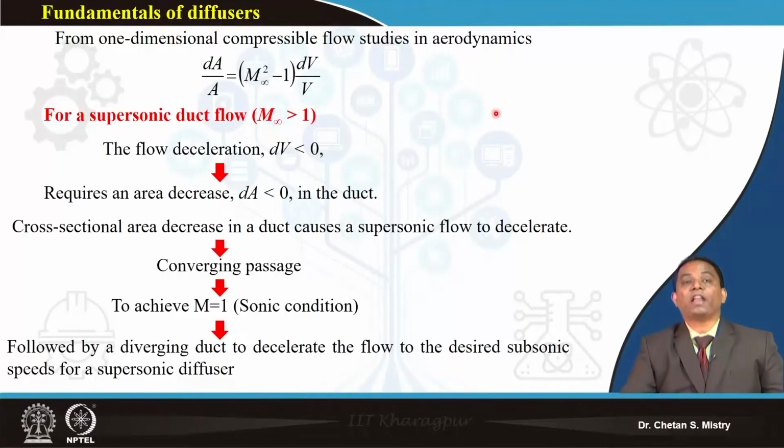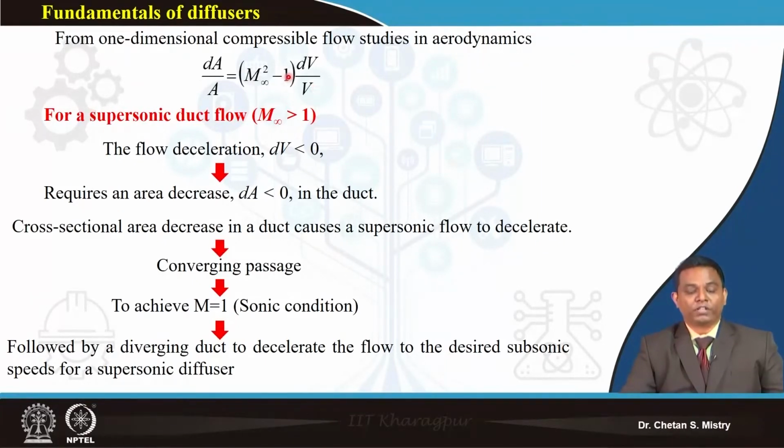That is when my flow is supersonic. Similar to what we have discussed, my area ratio is (M squared minus 1) dV by V. Now for this supersonic flow, I am looking for the diffusion to happen.